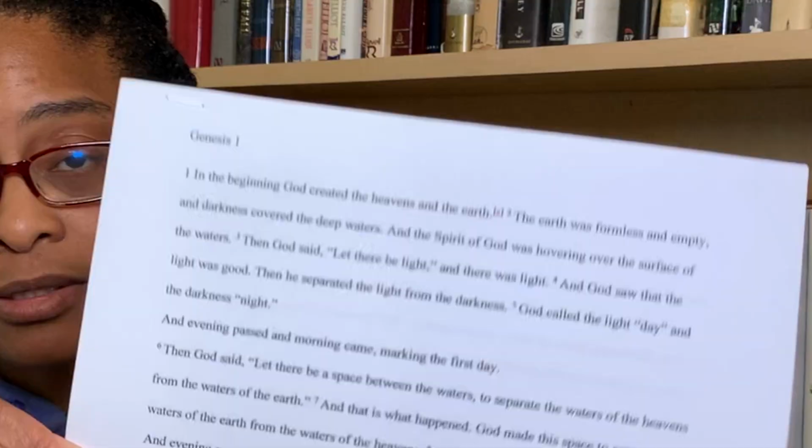Alright, so now you saw the in-depth close look at how we look at the text and answer those 5 W questions. One thing I forgot to mention is I would suggest that you print out a copy of the text. I have it here, Genesis 1:1, and you make it double spaced so you can write your notes on it and see it a little bit better.